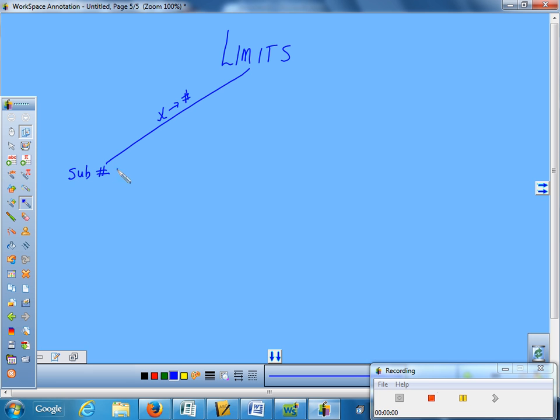You sub the number in. Okay. If you get an actual number answer, you're done. Right now, there's eventually going to be 2 branches here. If you get 0 over 0, you should try what? You should try factoring, or then there's going to be one other thing you can try on that branch.